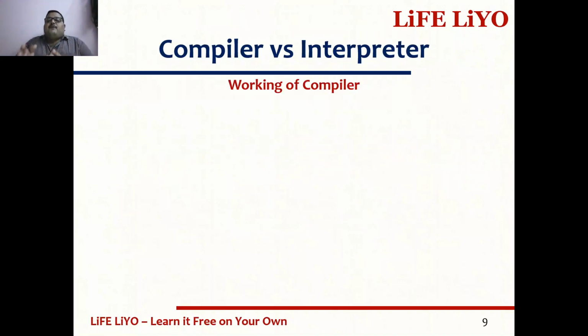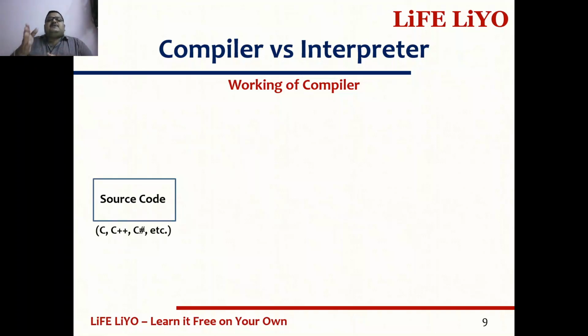Before going to that, let us go through compiler versus interpreter. First of all, look at how the compiler works. Let us assume that the programming languages which support compilers are C, C++, C#, etc. If you have a program written in C, C++ or C#, that is the source code.